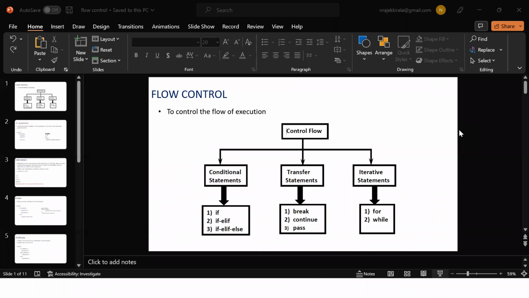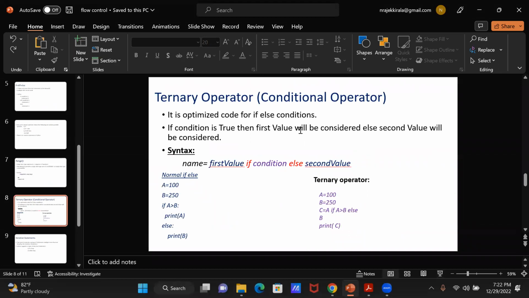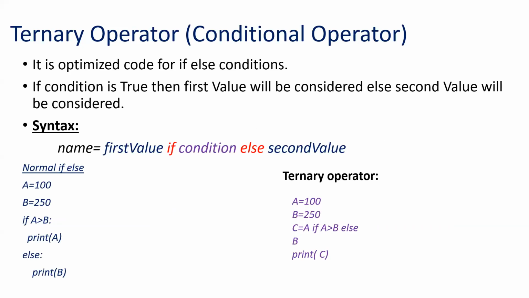Okay, should we do the ternary operator now? Okay, let me explain the theoretical part, then I'll go for the code part. What happens here is, it is an alternative for the if-else statement.